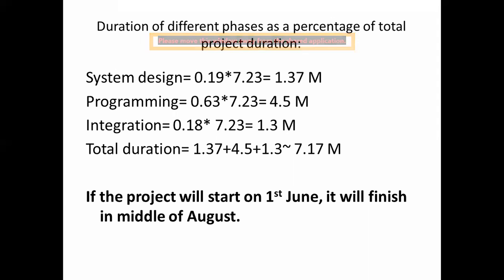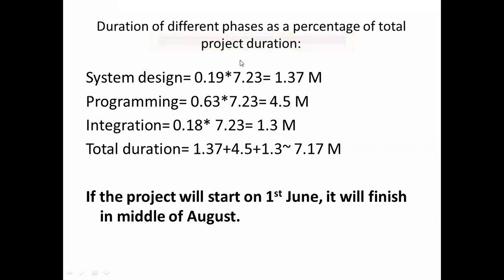So this is very easy. Now you can add the total duration: 1.37 plus 4.5 plus 1.3 is equal to 7.17. So if you calculate phase wise and then add all these terms, you get 7.17, and directly from the formula you get 7.23.